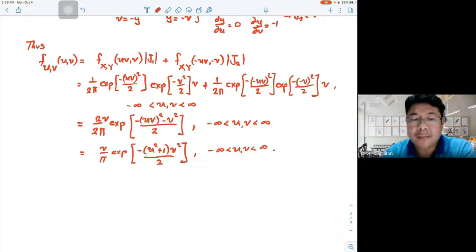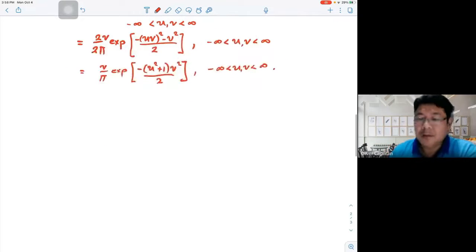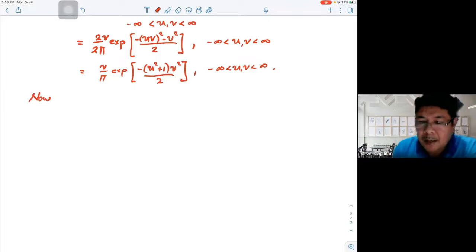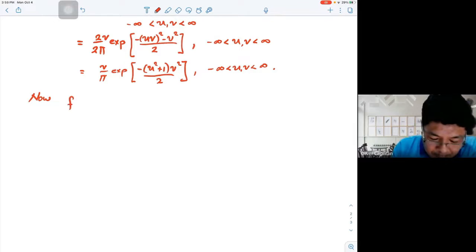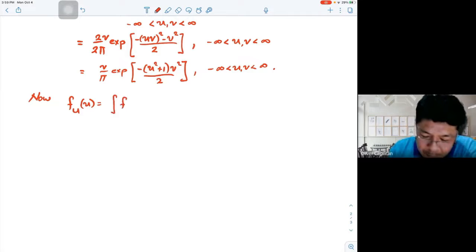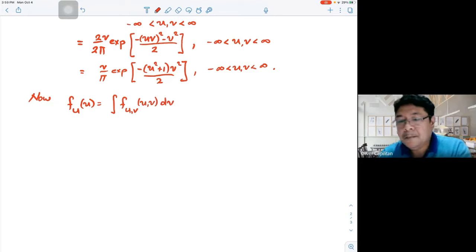Letter C problem. What about the marginal distribution of U? So for letter C problem, the marginal distribution of U would be equal to the integral of the joint dv.